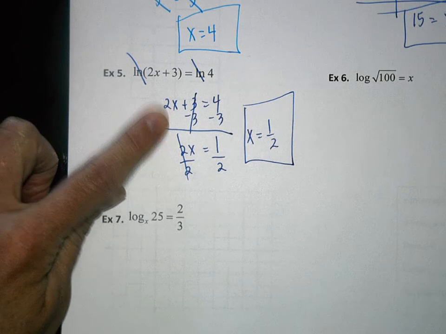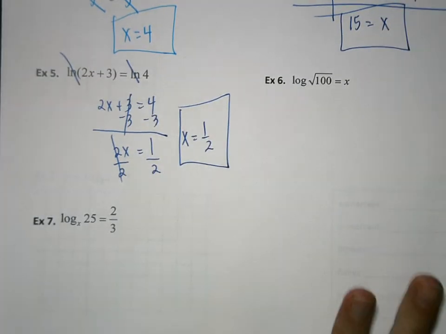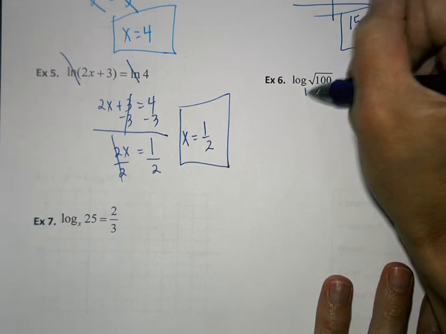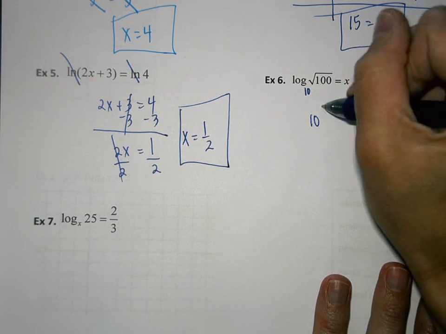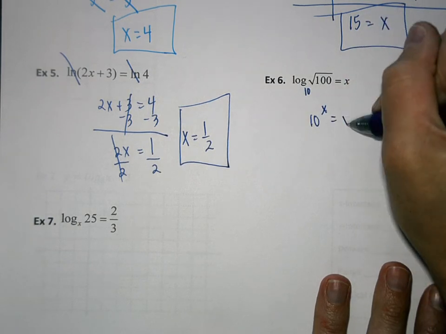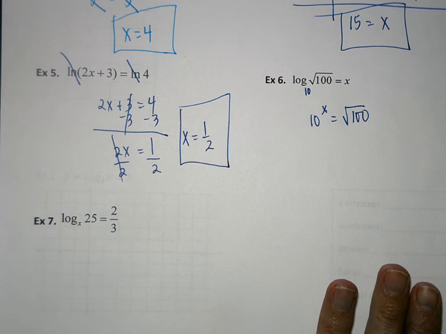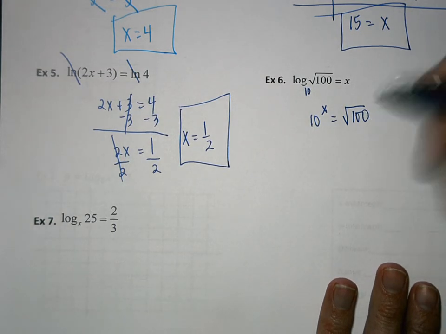Okay, on example 6, what base is this if it doesn't state the base? 10. So all you're doing is rewriting this in exponential form. 10 to what power equals the square root of 100? There are multiple ways of doing this.